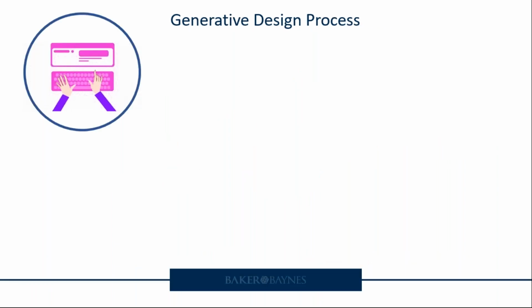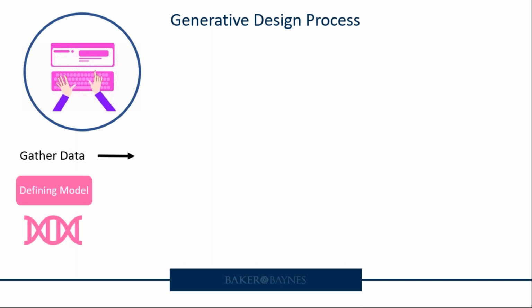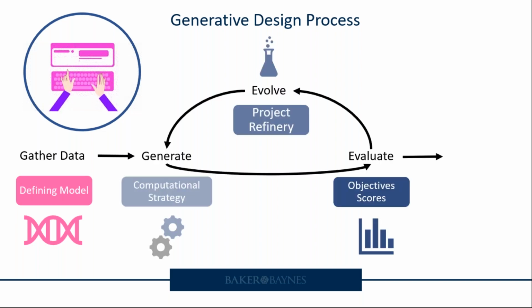So what happens inside this computer or the generative design software? So this is things that are happening behind the scenes, basically. But as the designer, you would define the model, you define the problem that you are working with, and this data is generated into a computational strategy that is evaluated by the software.